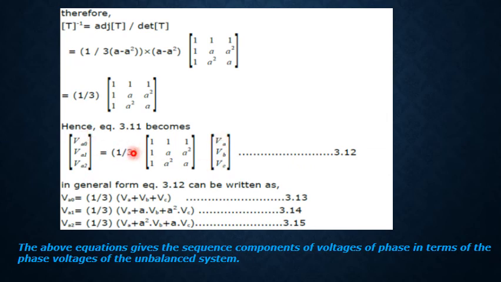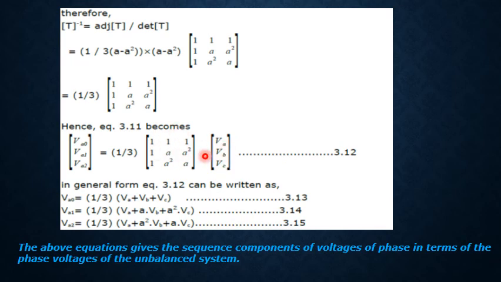If you simply multiply each term, you get the respective zero, positive and negative component values. For the zero component, it is 1 by 3 into VA plus VB plus VC.